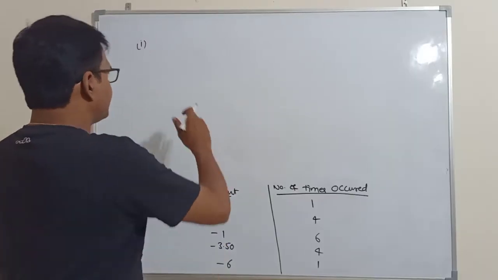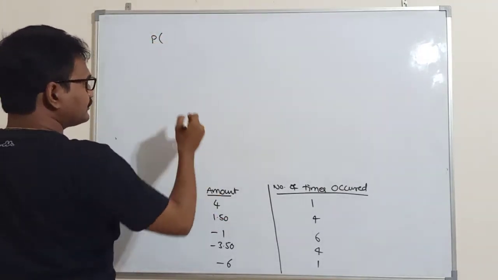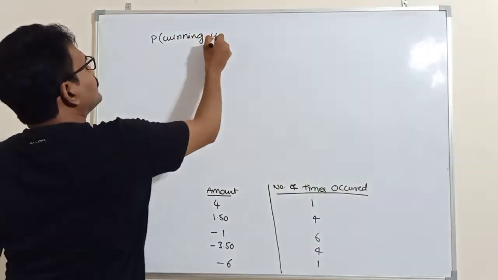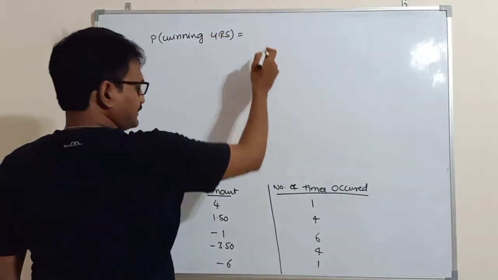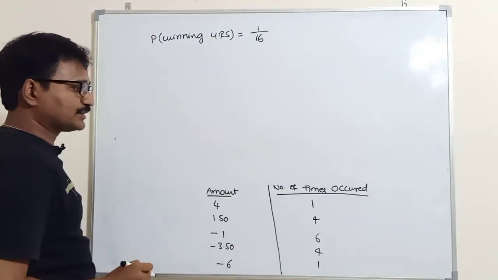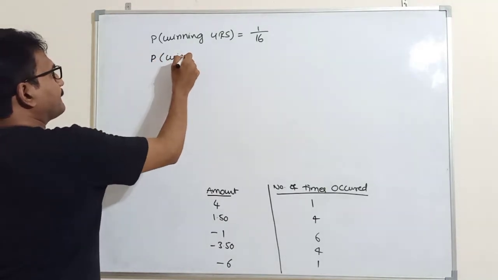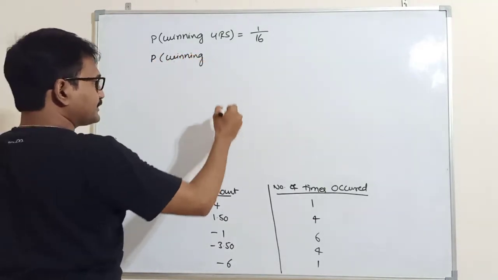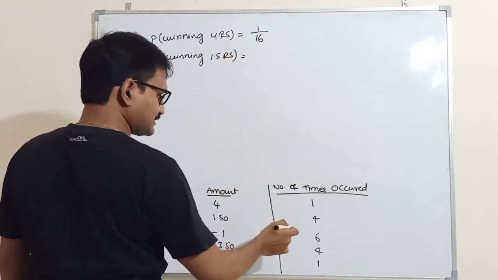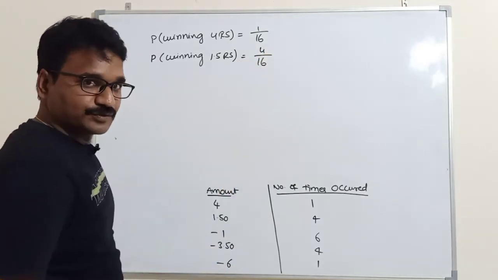Next, probability of winning 4 rupees is 1 chance out of 16 chances. Next, probability of winning 1.5 rupees. 1.5 rupees is 4 times out of 16.